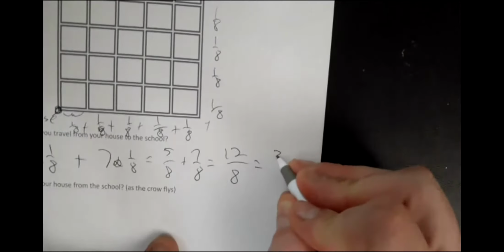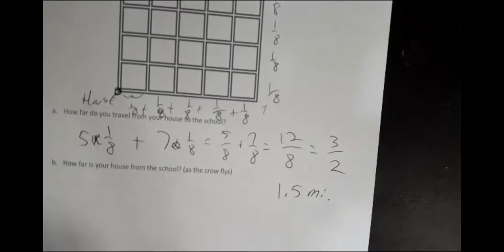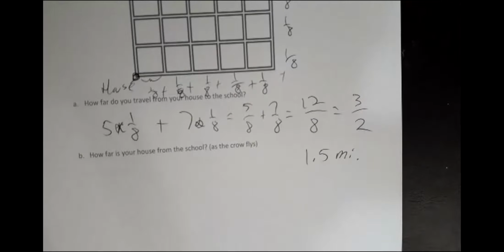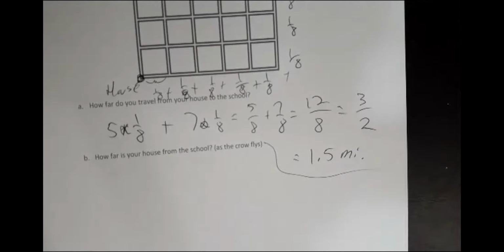Well, I'm doing 5/8 plus 7/8, which should give me 12/8. Dividing both by 4, I get 3/2, so 1.5 miles. And that is to get to school. So that is 1.5 miles going around the outside of this.